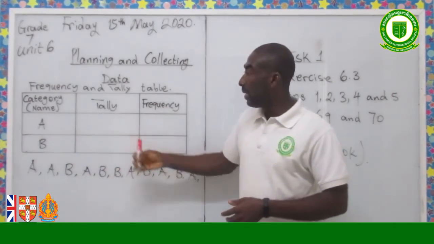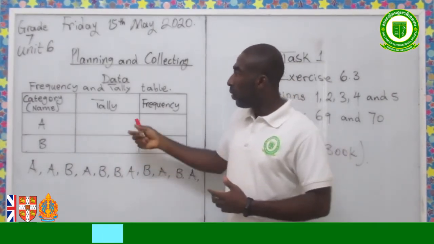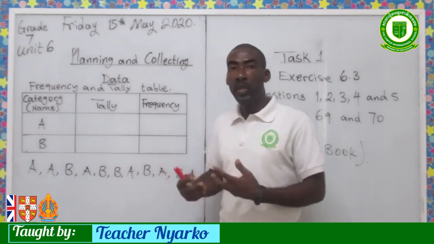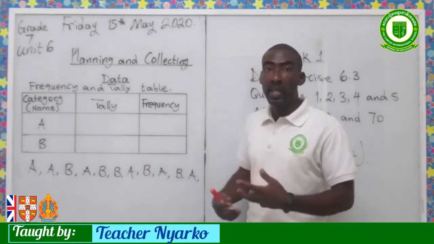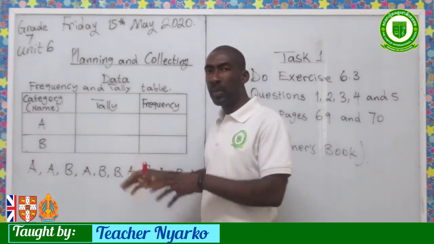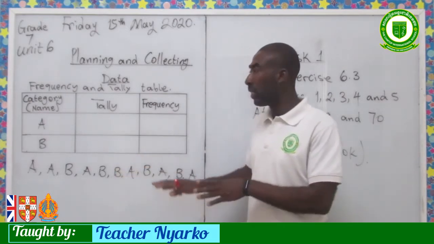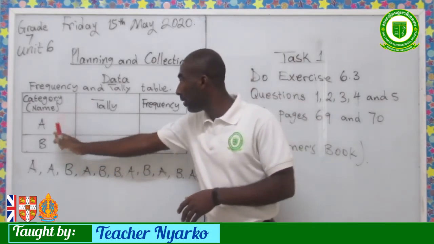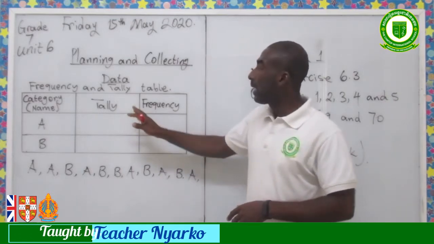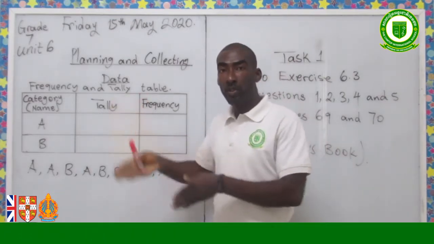That is for the category. Here is the tally. The tally will show how many times you are making a recording on a particular subject or a particular item at the category level. And tally comes in the form of stripes.